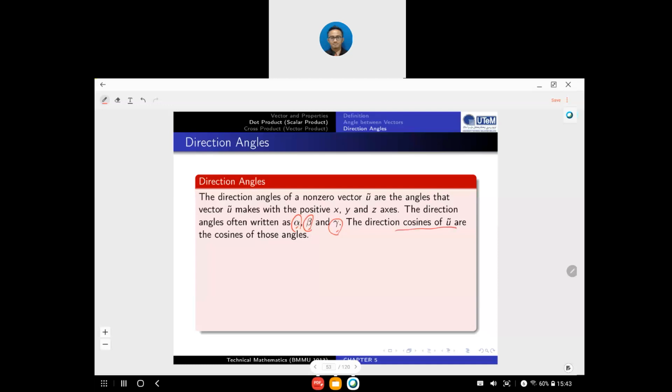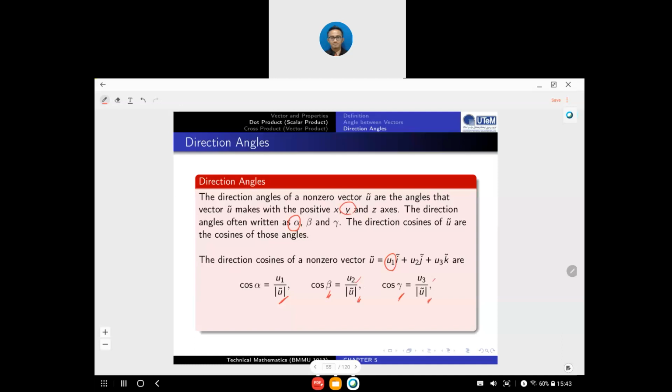Okay, so if you have the vector u equal to u1, u2, and u3, then cos alpha, where alpha refers to the x, is u1 divided by the magnitude of vector u. Okay, and then cos beta, referring to the y, is u2 divided by the magnitude of vector u, and then cos gamma equals u3 divided by the magnitude of vector u.